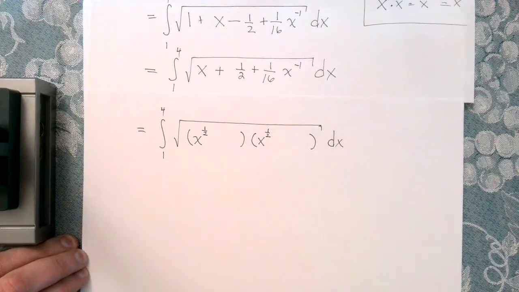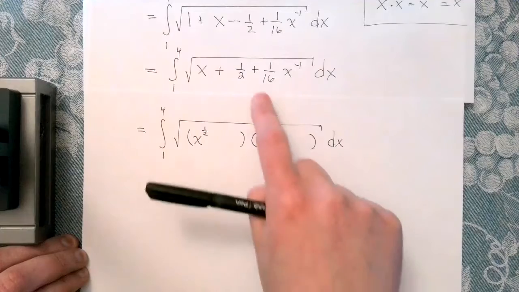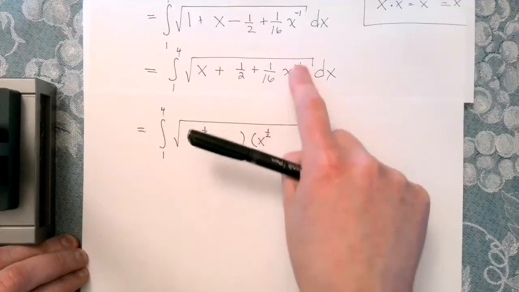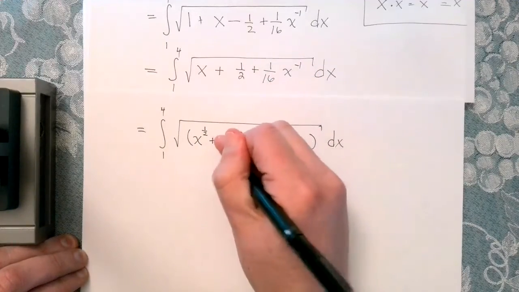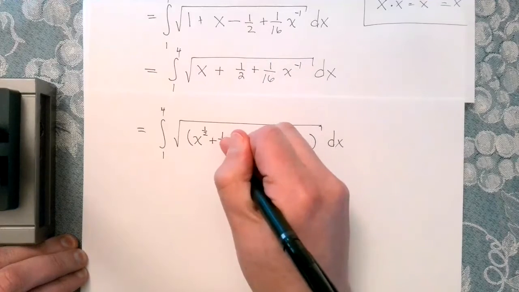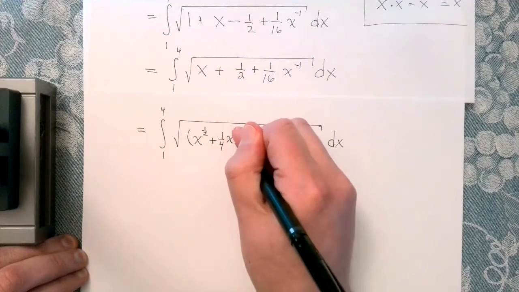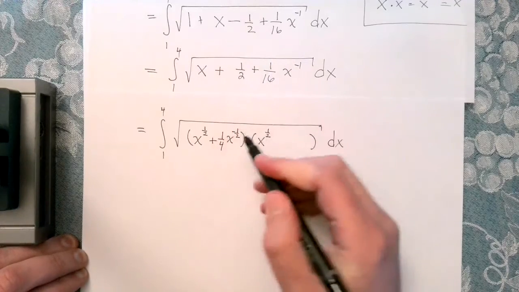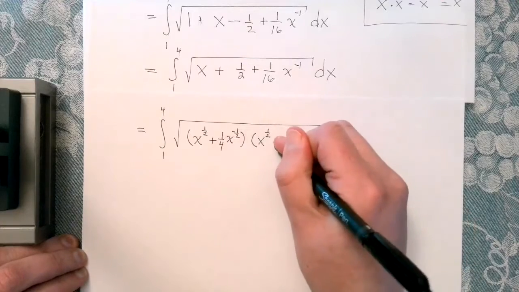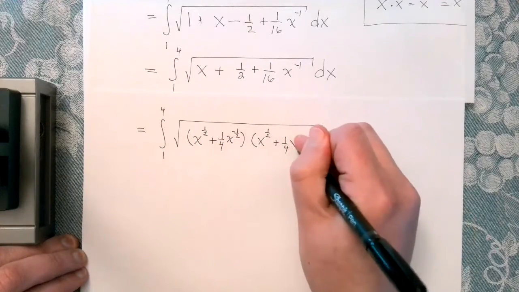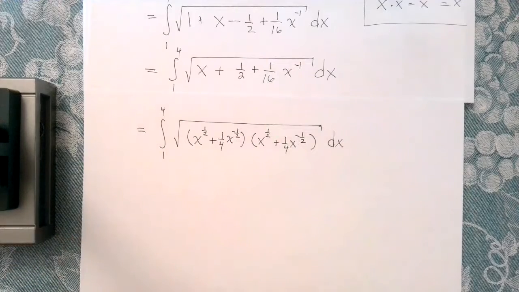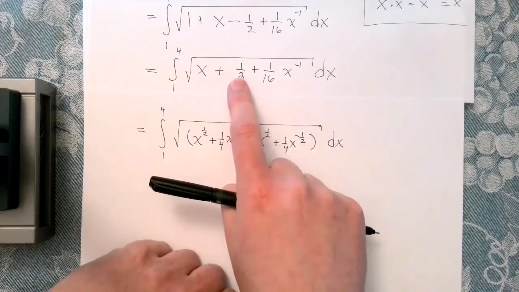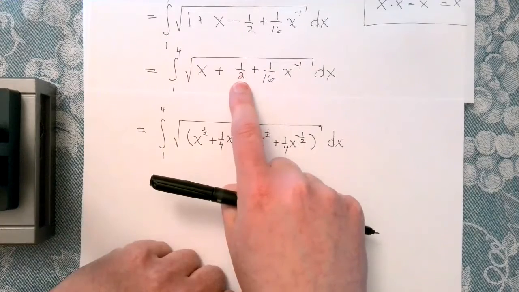So that seems good. Now I've got my eye on this last term here. If I take the square root of this term, that's going to give me 1/4, x to the negative 1/2 rather. So that's 1/4 x to the negative 1/2.